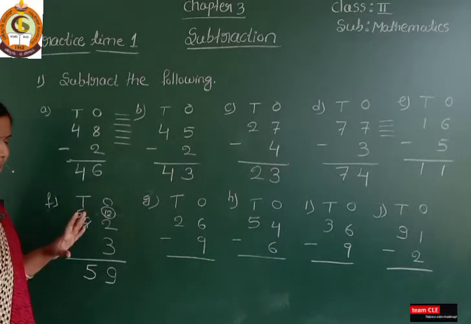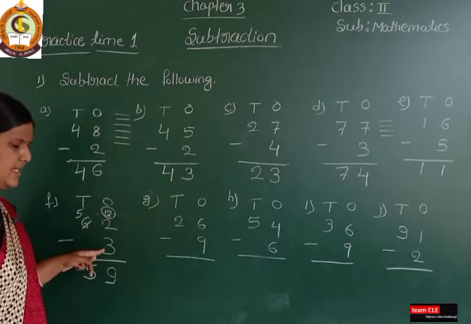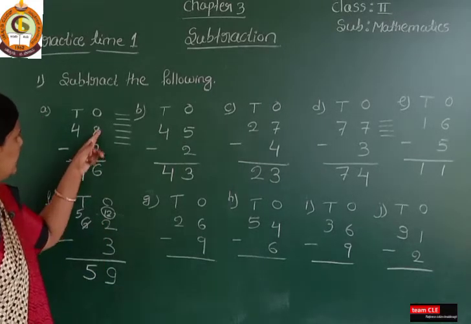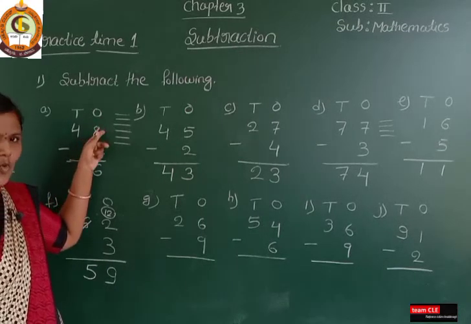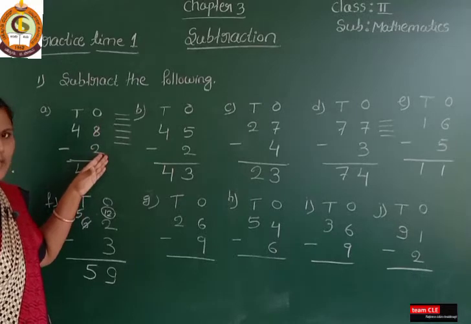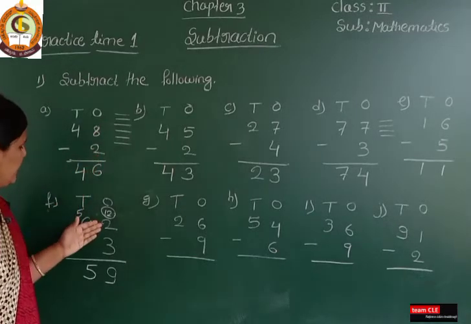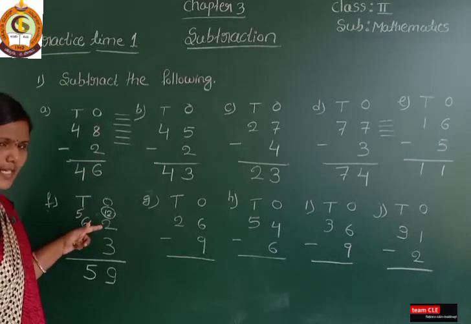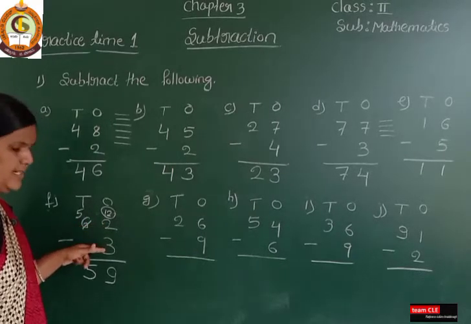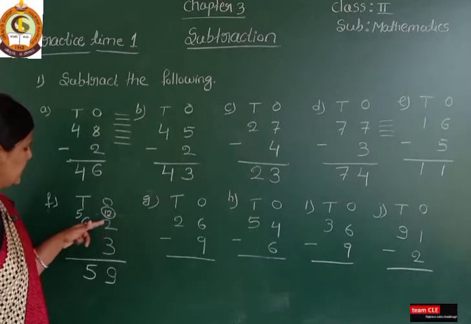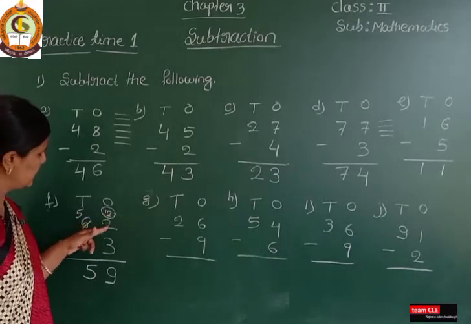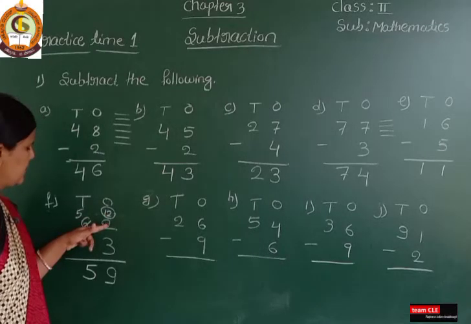Once again I will explain. 2 minus 3 is there. Just see, this 2 is less than 3. Here the upper side numbers are more, that time don't take any groups, you have to solve simply. But if the upper side number is less than the lower side number, yes, this 2 is less than 3, it means you have to take one 10 group, that 10 plus this number. 10 plus 2 is how much? 12.